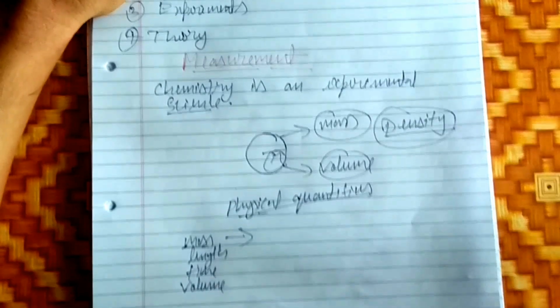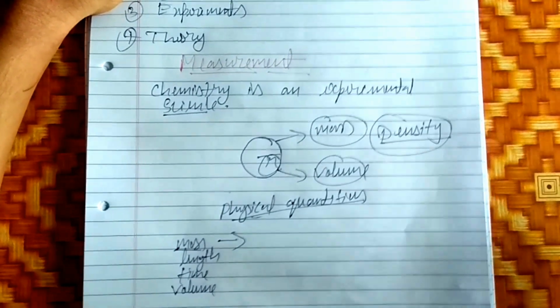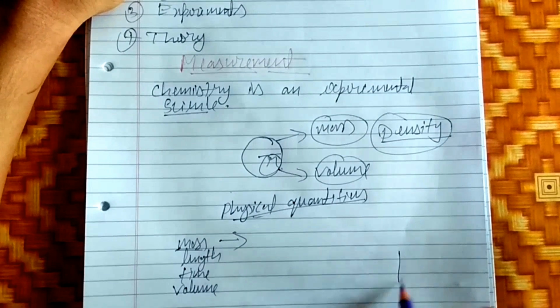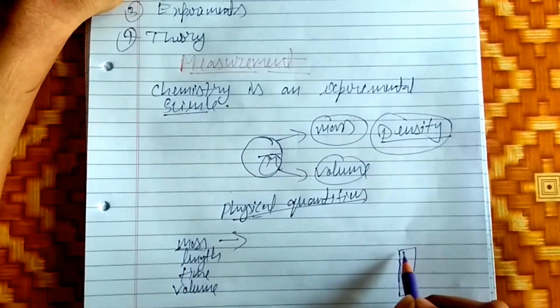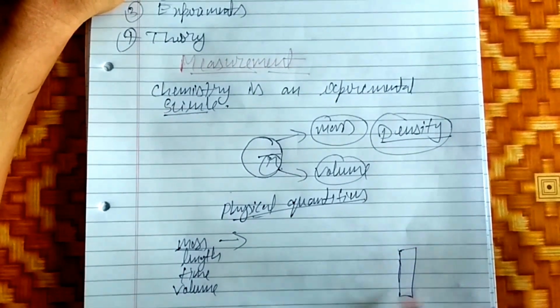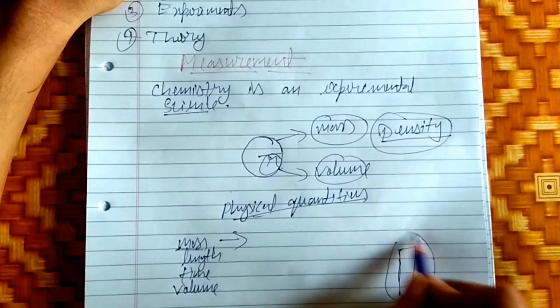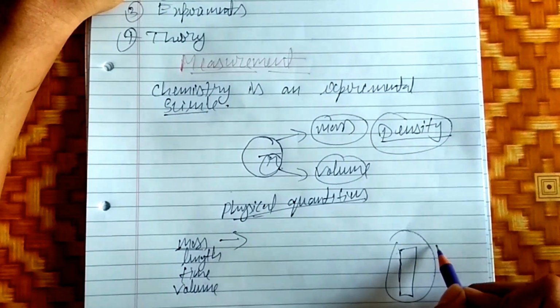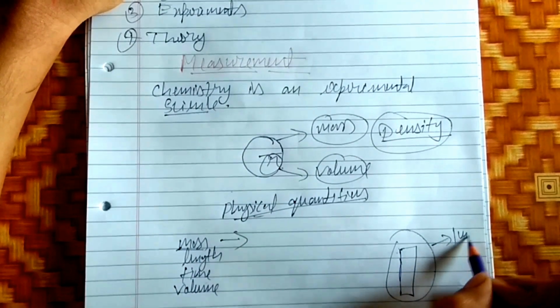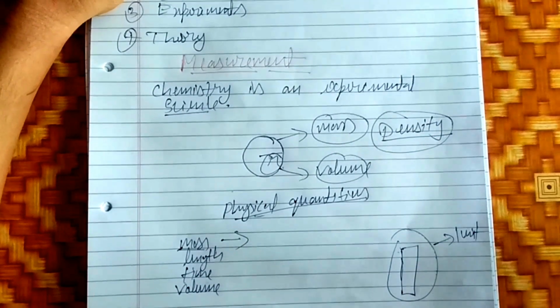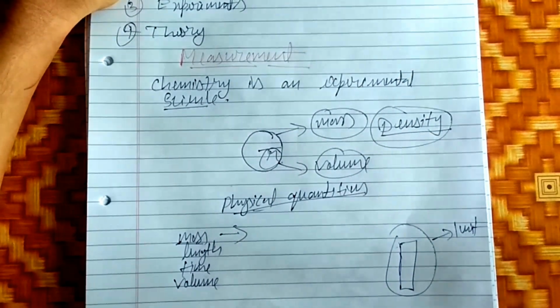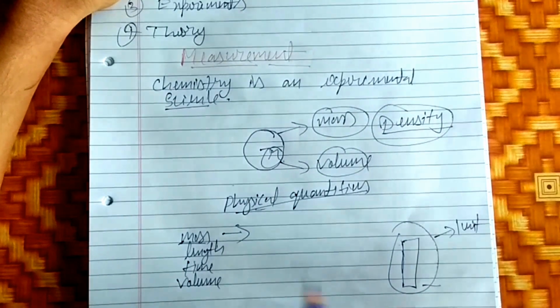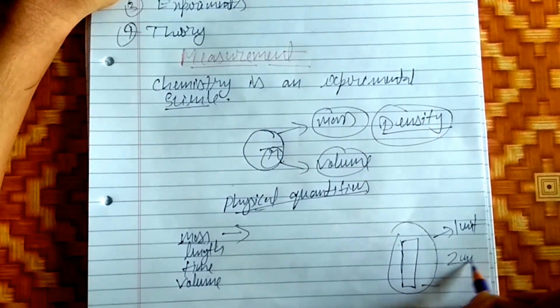Okay, and we have an iron bar, and we said that this is the standard. This iron bar is the standard, which means that the mass of this iron bar will be 1 unit. Now suppose an object is twice as heavy as this iron bar, can we say that object is 2 units?